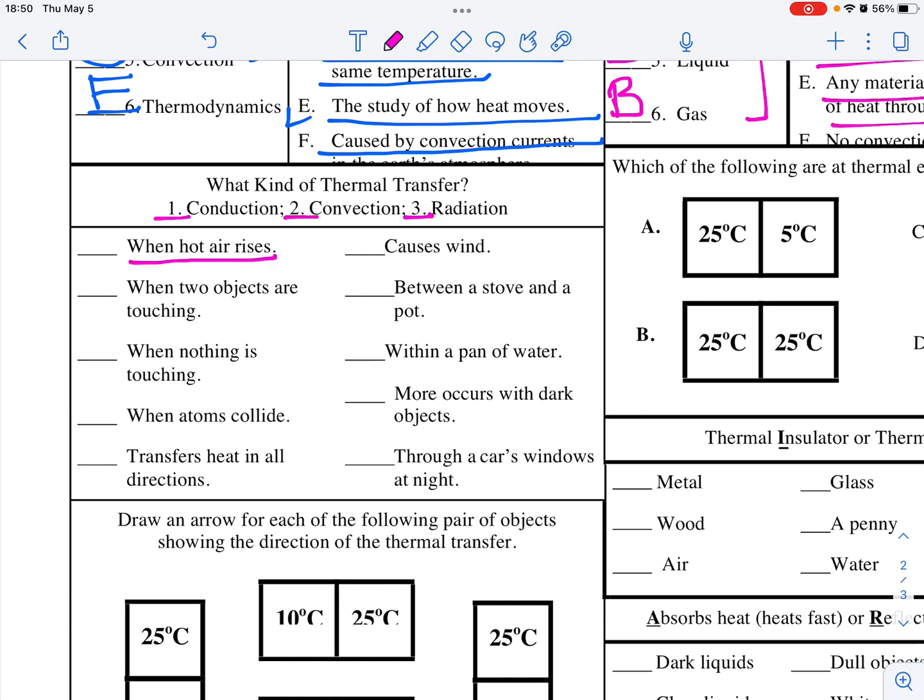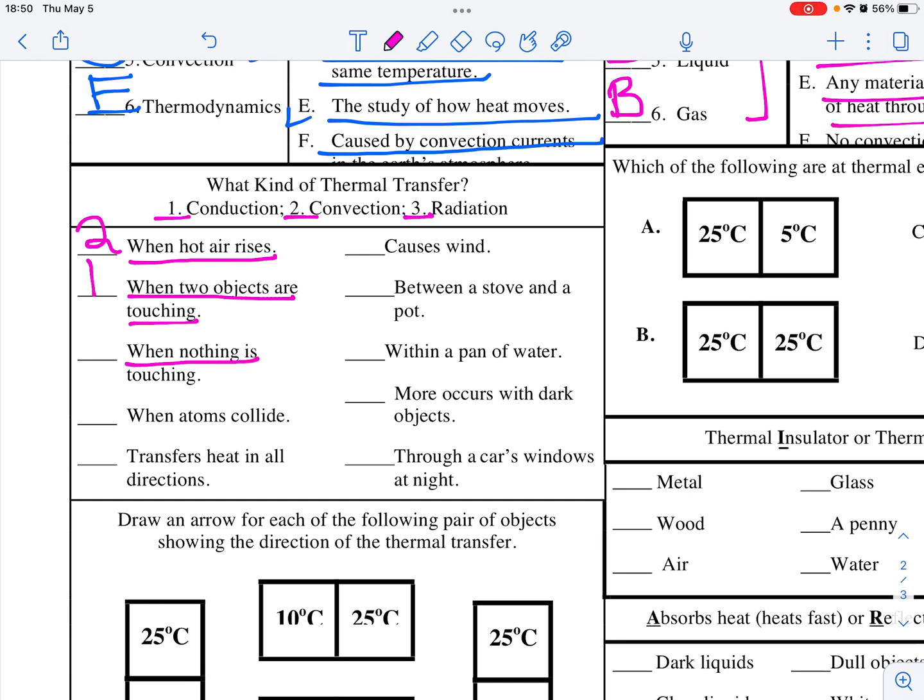For our first scenario, when hot air rises, we are dealing with, the answer is 2, convection. When two objects are touching, give you a moment. And the answer is conduction.